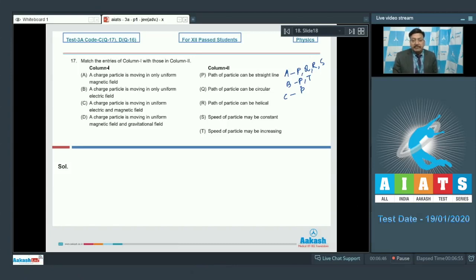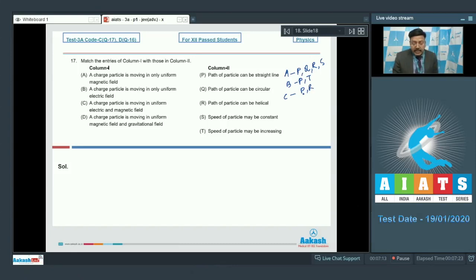In that case, the path of particle can be helical. Okay, so if electric and magnetic field are along the same line, and if velocity has a component perpendicular to these two, in that case path of particle is helical with a changing pitch. So R matches with C.